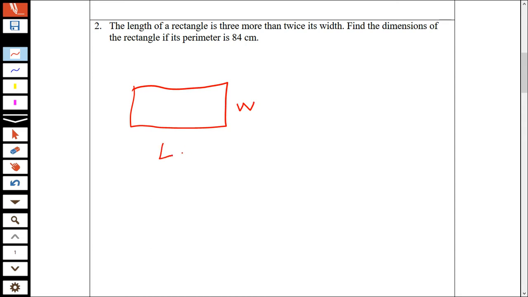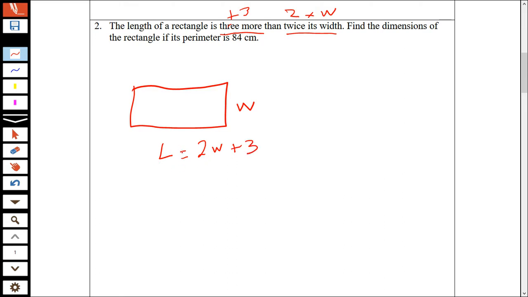Now, if I've got 3 more than something, that's the same as adding 3, and twice its width is 2 times W. So the length is 3 more than twice its width.